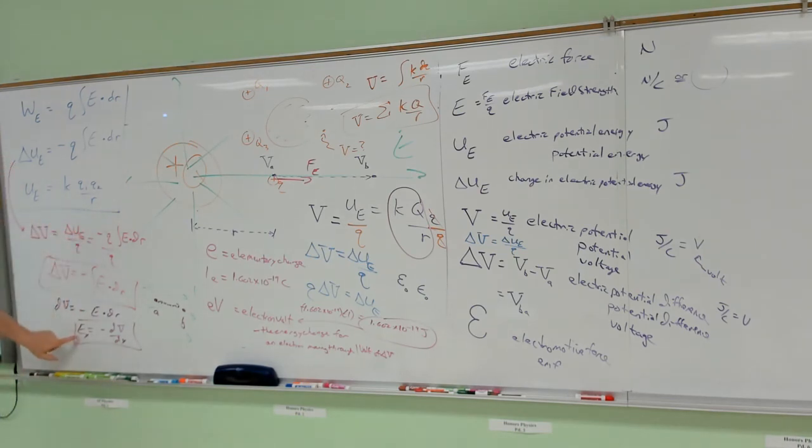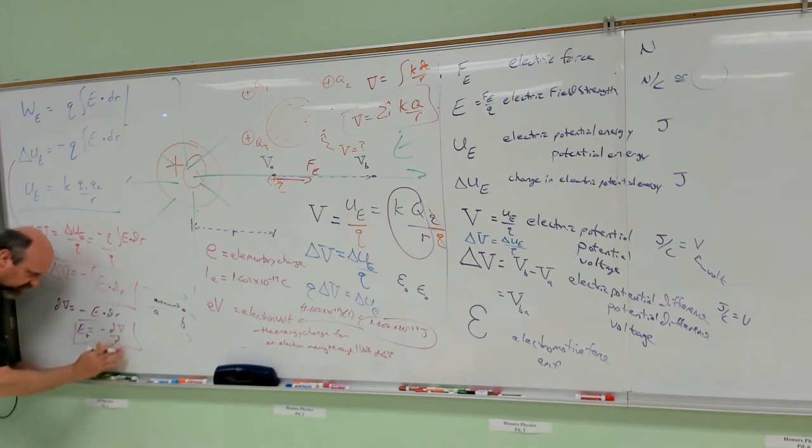Last little thing. What are the units here for E, for my field strength? I'm going to take a potential difference measured in volts and divide by a change in position measured in meters. So if I'm looking at my E in the generic R direction, my units are going to be volts per meter.